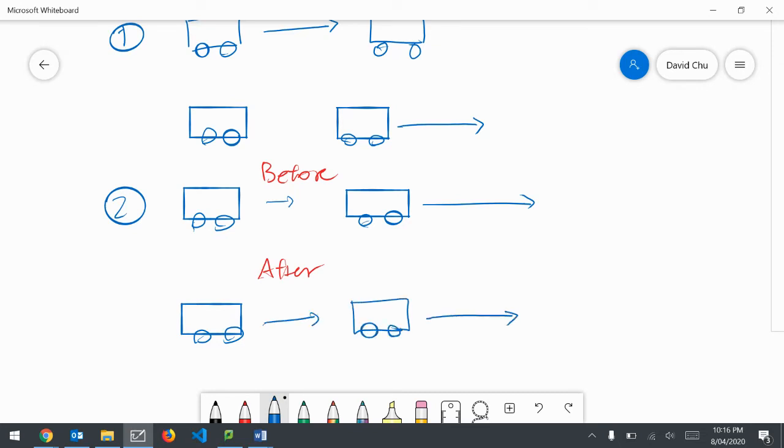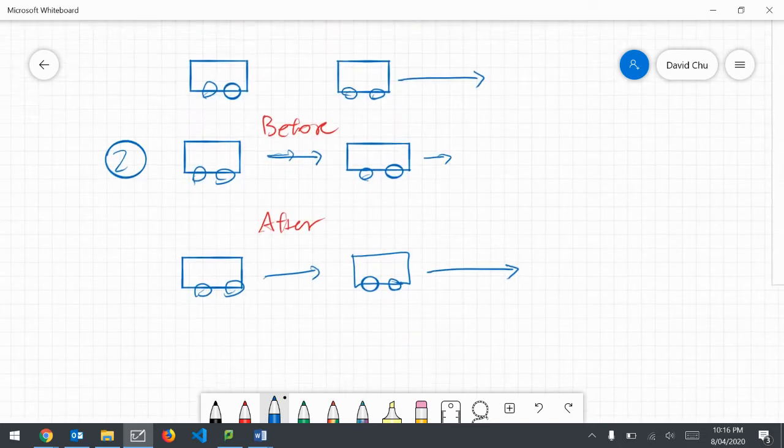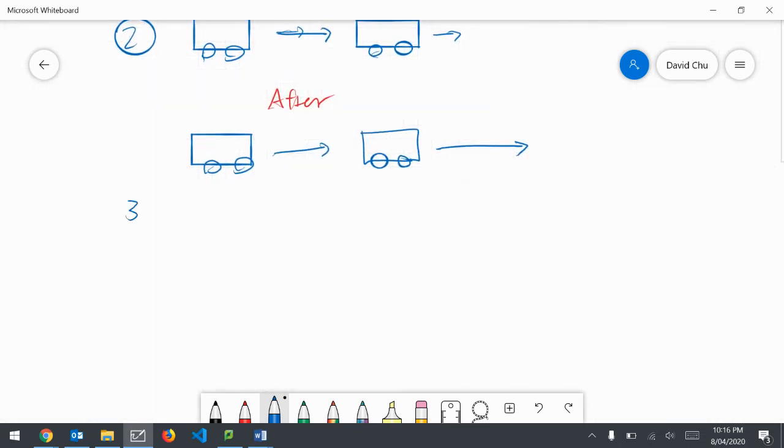So there has been some momentum exchange. In fact, this is probably not an accurate diagram. In order for this one to actually collide, the one on the right needs to move at a slower speed.